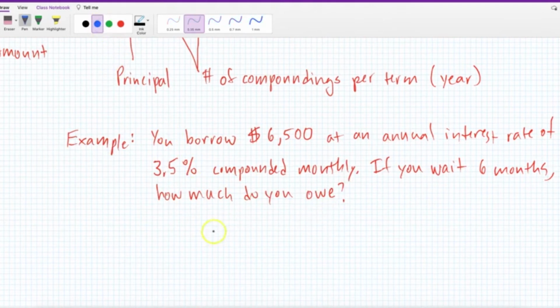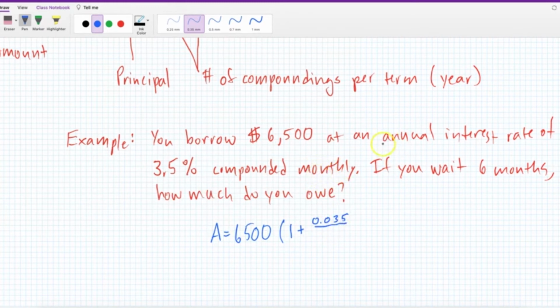Okay, so we're going to use our formula here. Our principal in this case is the amount you borrow, so that's $6,500. I'm going to leave off the units for now. We'll put them back in later. The interest rate is 3.5%, which means as a decimal, it's 0.035. It's compounded monthly.